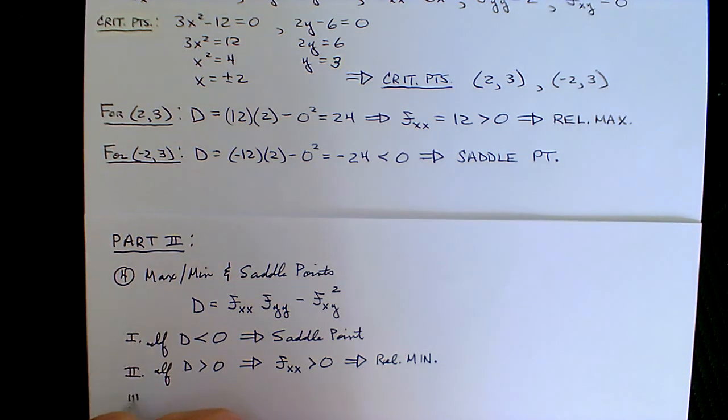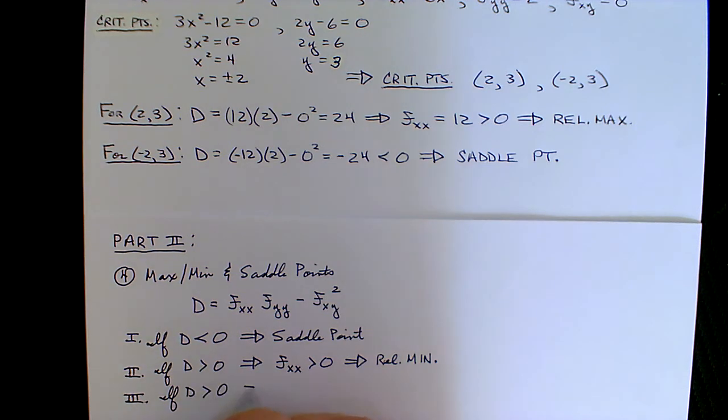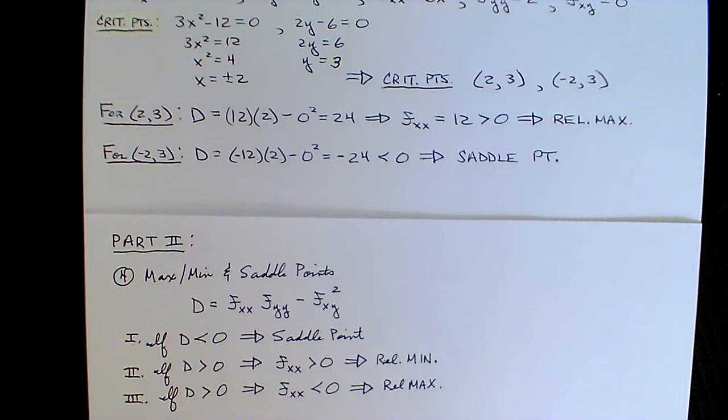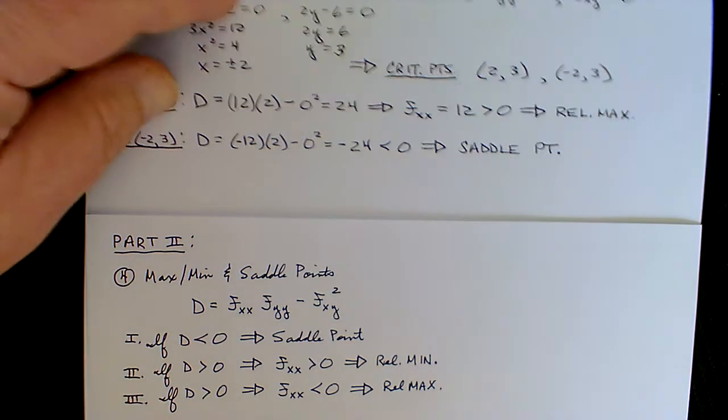And then the other situation is if D is greater than 0, then again you check f sub xx, and if it's less than 0, then it's a relative maximum. Okay, so that theorem you might want to consider writing on your cheat sheet.